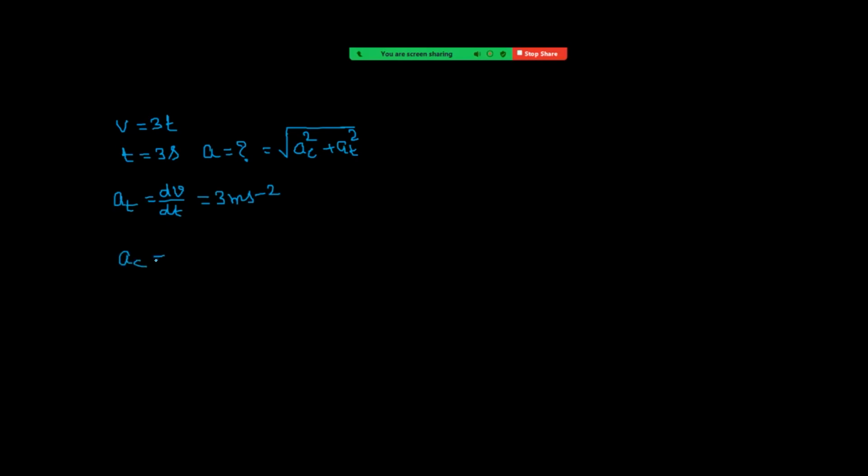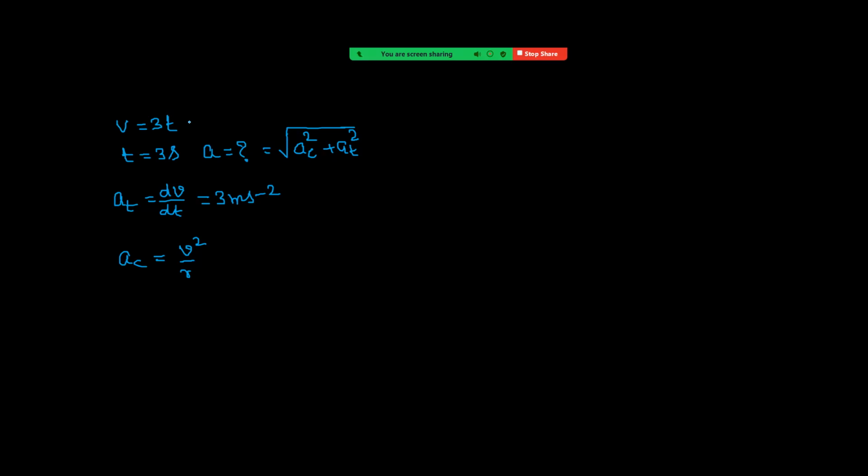a_c equal to v square by r. Finding the v value when t equal to 3 seconds, we simply substitute the t value 3.